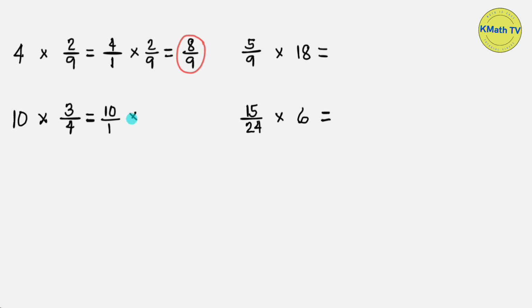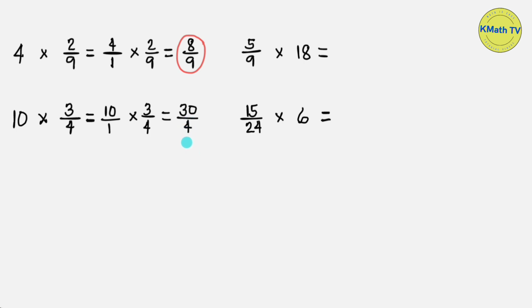Next, copy the fraction 3/4 and multiply. Okay, let's multiply the numerators. 10 times 3 equals 30. Then, multiply also the denominators. 1 times 4 equals 4.